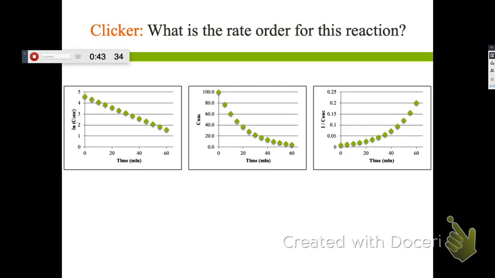What is it? 0, first or second? Okay. Once again, I try to make sure you don't look and assume all time differences are the same. Don't assume that the far left one is concentration versus time. I'm going to move these around, so you need to know what relationship is linear.